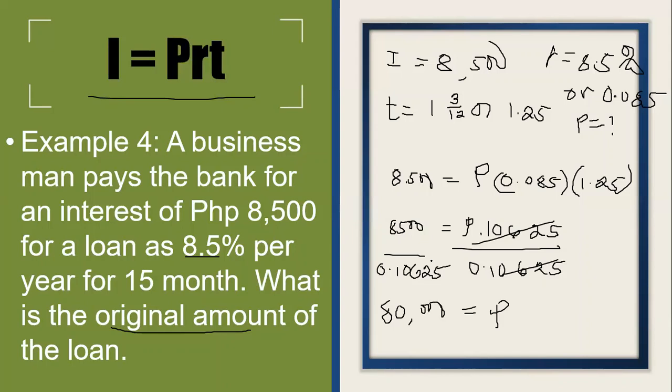So nakakuha po siya ng interest na 8,500 with the interest rate of 0.085 or 8.5% in a year of 1.25 or 1 year and 3 months. So our P is 80,000.